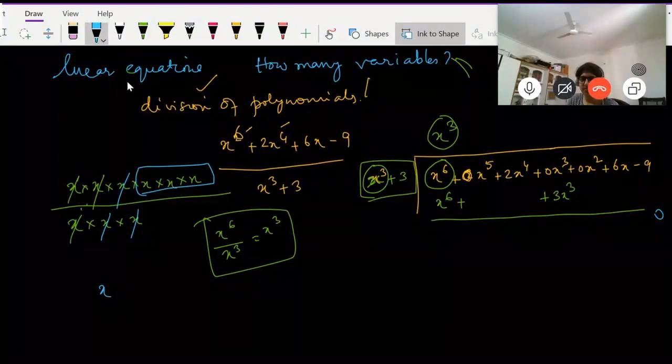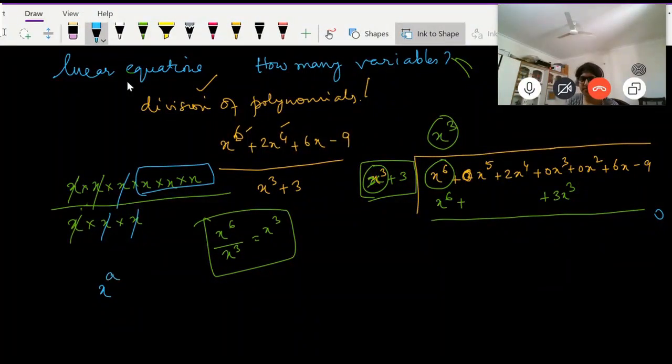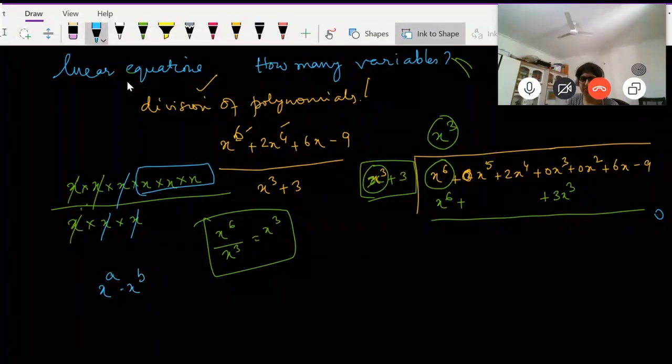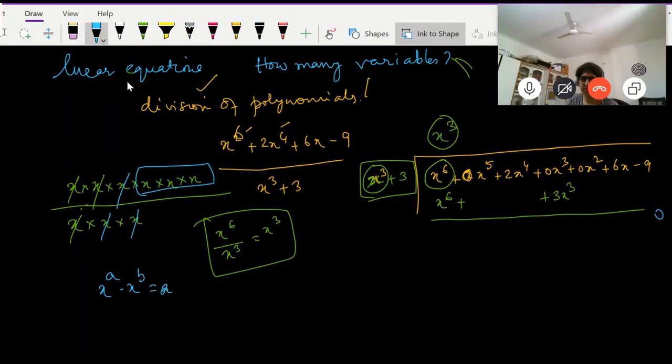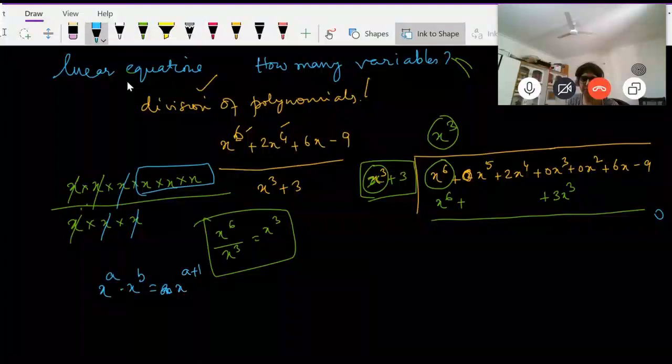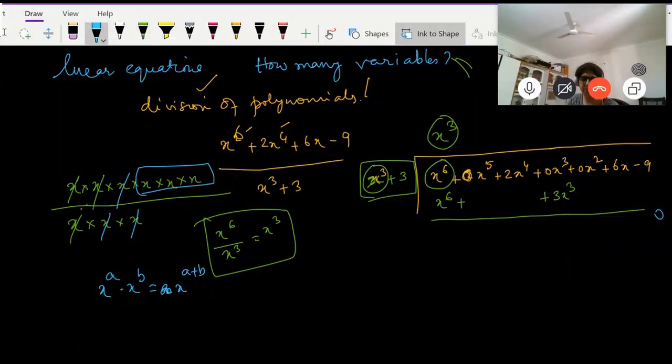So yesterday we did this, right? x to the power a into x to the power b is x to the power a plus b. So x to the power 3 into x to the power 3 is x to the power 6. And x to the power a by x to the power b is x to the power a minus b.